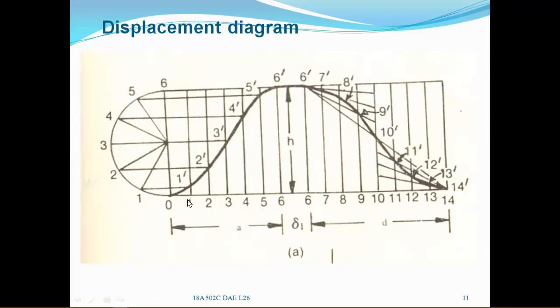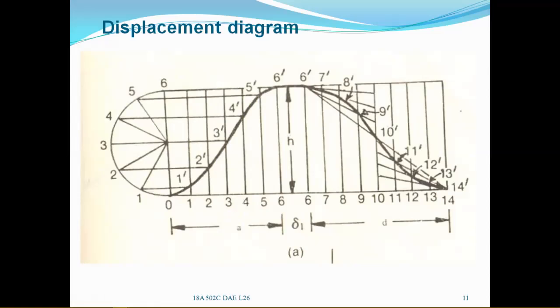After this, draw horizontal lines from each point; 1 meets the vertical line 1 at 1 dash, the second horizontal line intersects the second vertical line at 2 dash, and similarly 3 dash, 4 dash, 5 dash, and 0, 1 dash, 2 dash, 3 dash, 4 dash, 5 dash, 6 dash. If you join all these 6 points, you will get the displacement diagram for the outstroke.